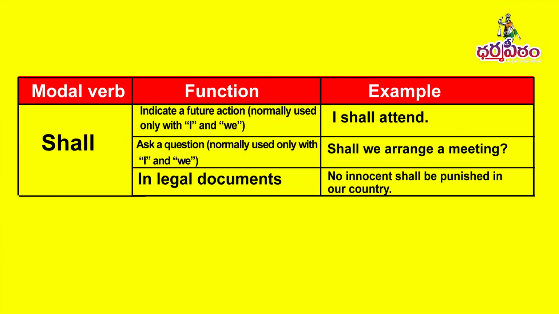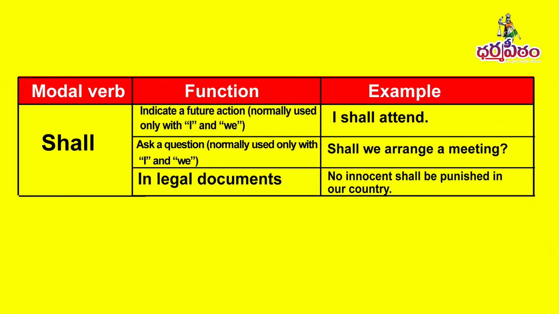The next one is shall. Will and shall, we will later do a different session regarding how they are used in the English language, the basic official form, though there are some changes in how it is being used nowadays. But for the time being, as they are being used as modal auxiliary verbs, let us check what are the usages of shall.